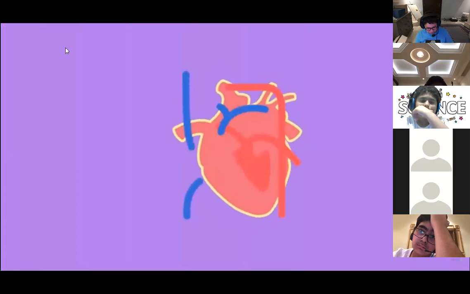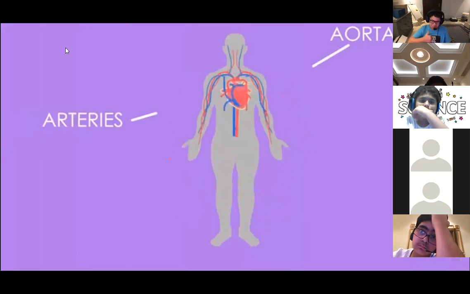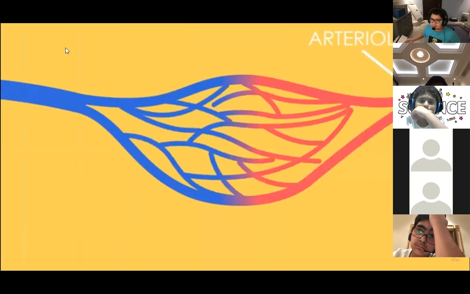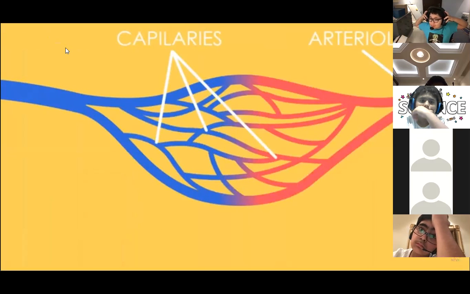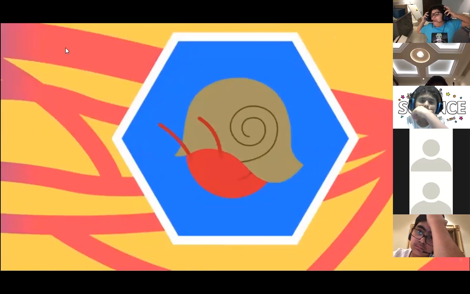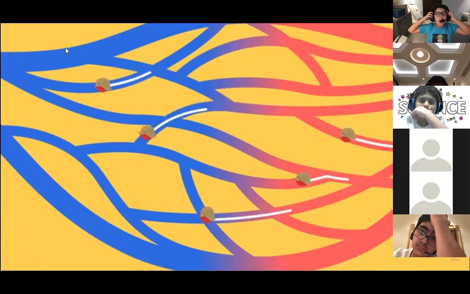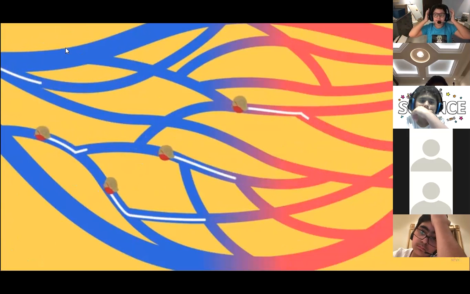Blood is pumped away through the aorta and then through the arteries. Arteries have very thick muscular walls to withstand the pressure of very fast-flowing blood. These arteries branch into smaller arterioles, which then branch into smaller capillaries that surround all cells. The movement of blood slows down significantly at the capillaries for two reasons. The capillaries are much, much smaller, and slower movement allows for gas exchange.